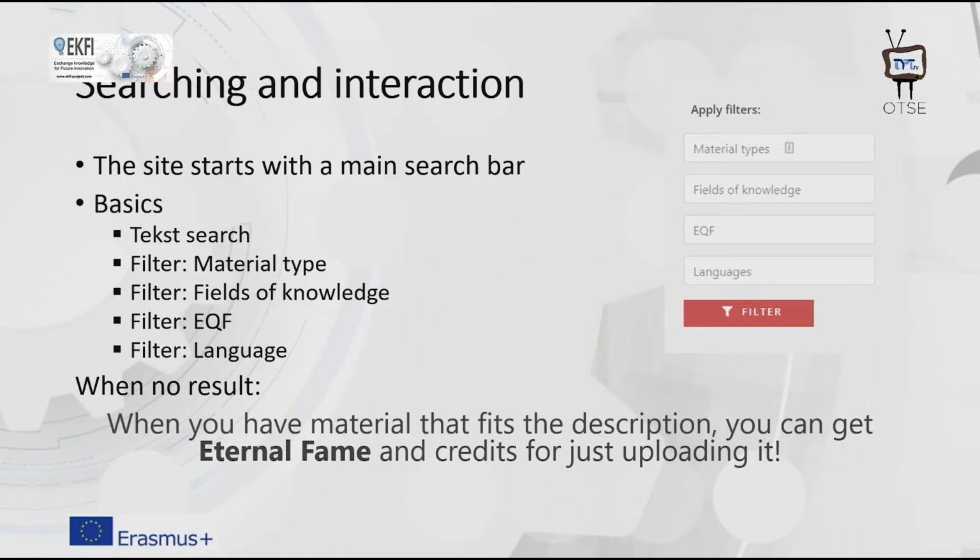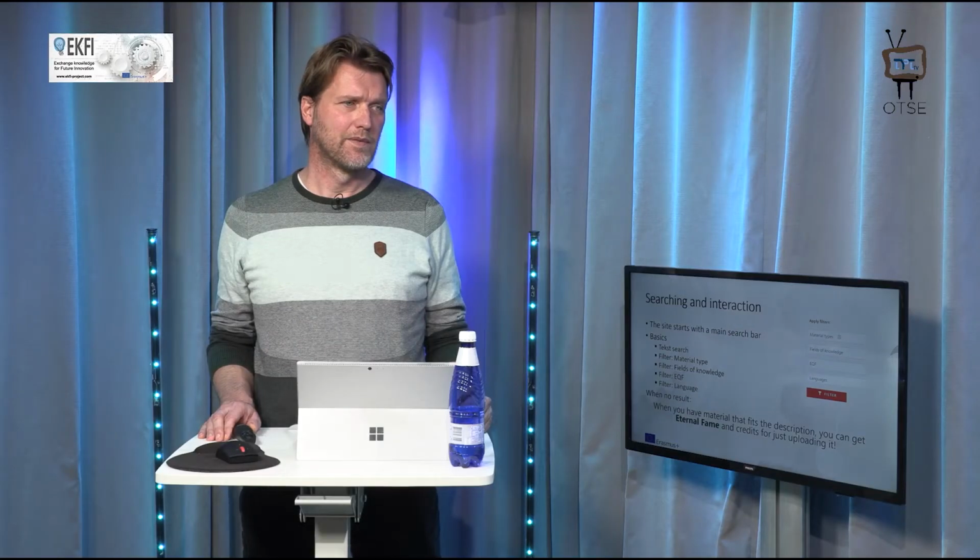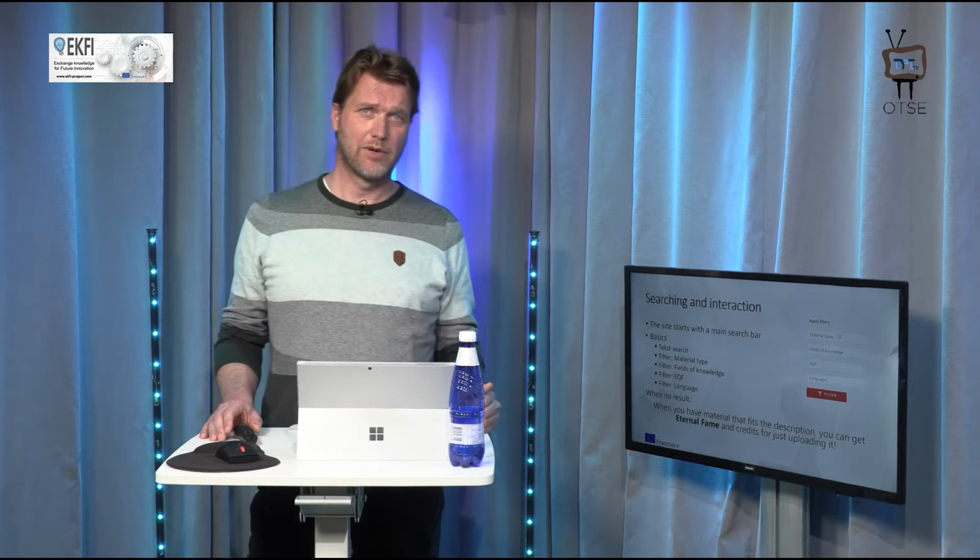Or the language because you are not really fluent in Estonian or Greek. And in the end, when you have done all the filters and try to find the material you were looking for, and it's not there, well, that's the moment to get eternal fame and upload your own material that describes everything what you were just looked for. And you get the 100 credits for uploading it.